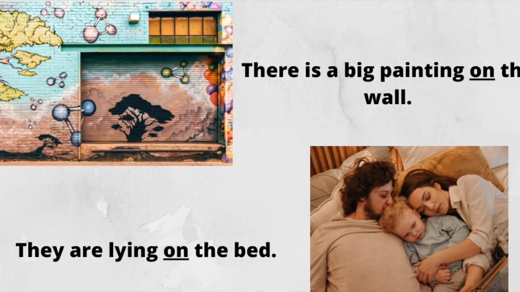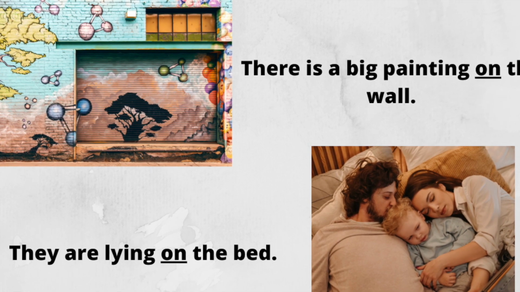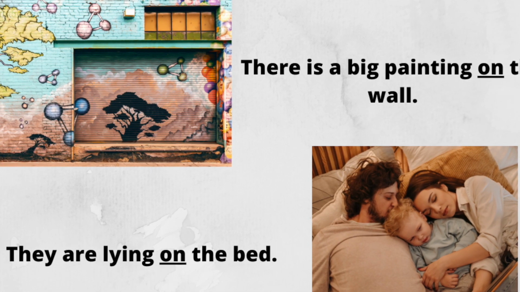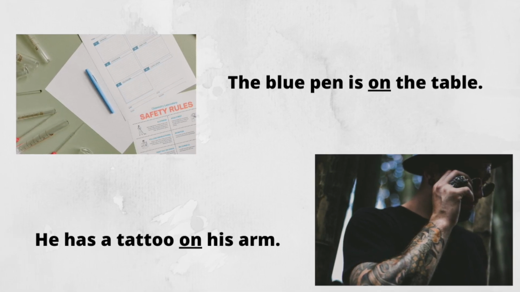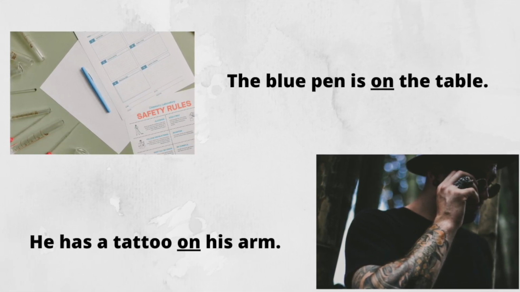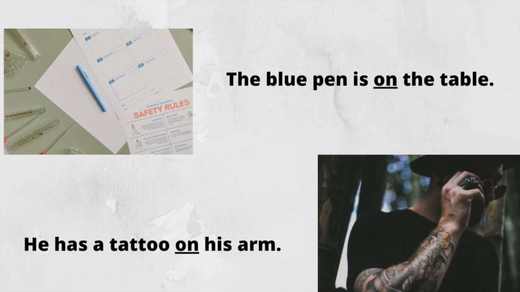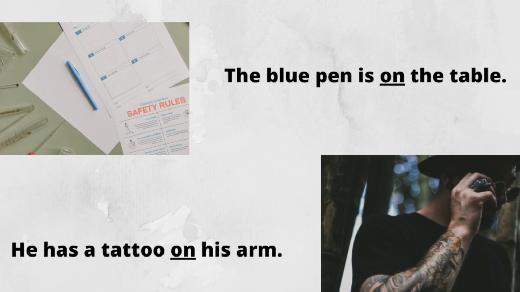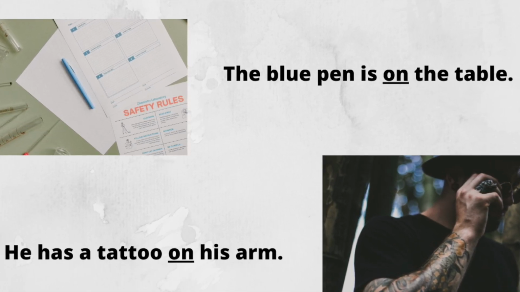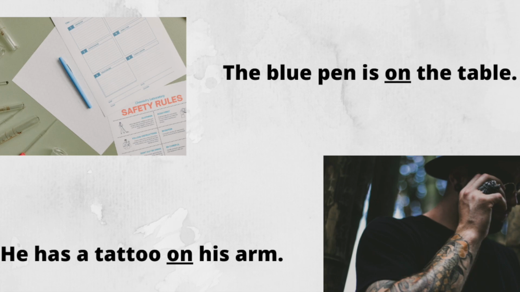The next picture, they are lying on the bed. Now look at the first picture. You can see the blue pen is on the table. Now the next picture. He has a tattoo on his arm.